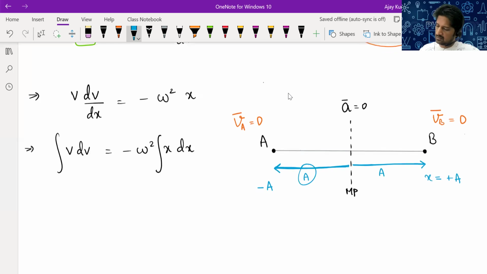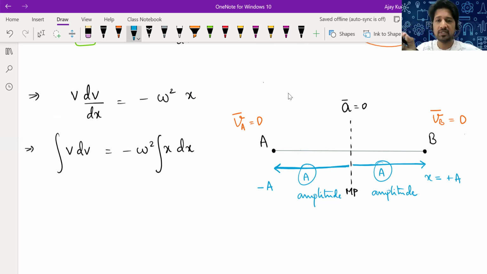This magnitude A is what we call the amplitude of oscillation. We are considering a case where the object moves the same distance on either side of the mean position. As I said, it's not compulsory, but let's begin with a simple case like this.